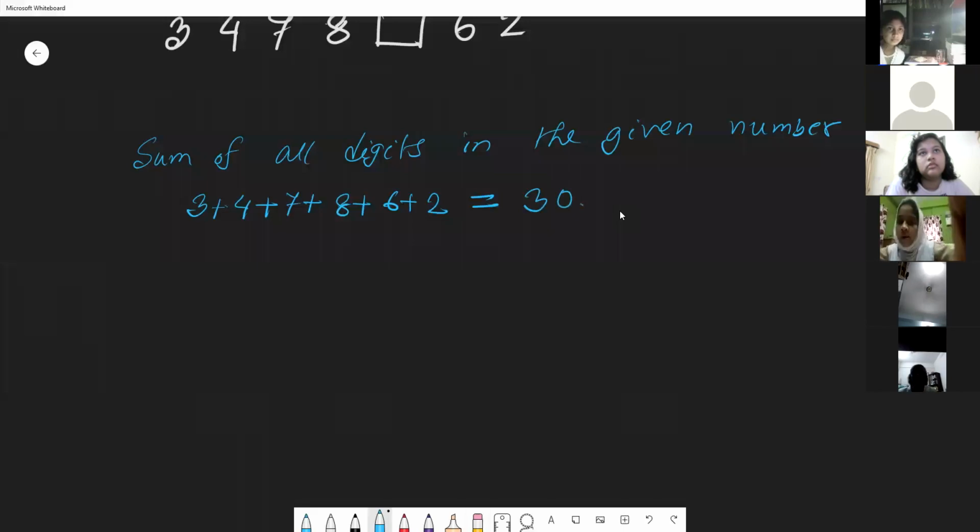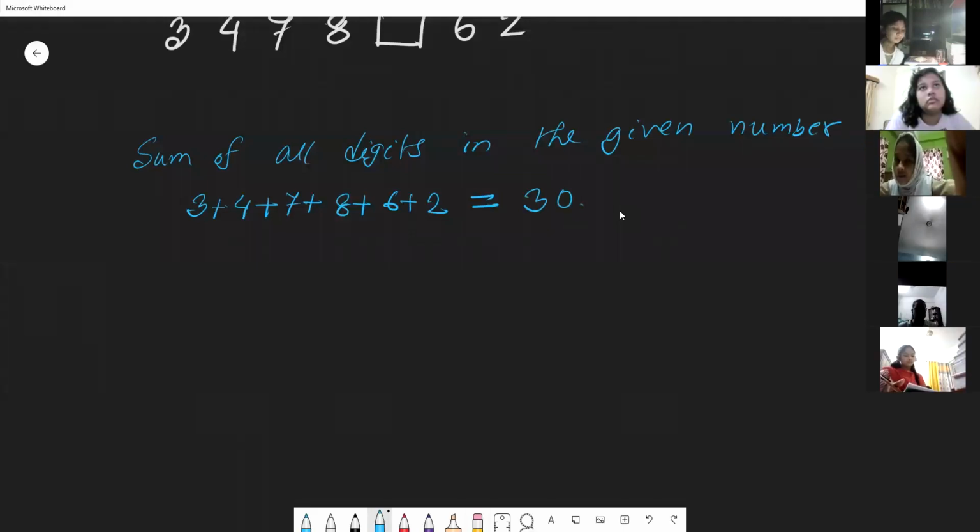Now test whether 30 is divisible by 9 or not. Is 30 divisible by 9? 9 times 3 is 27.